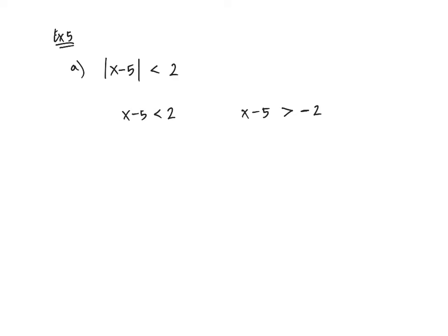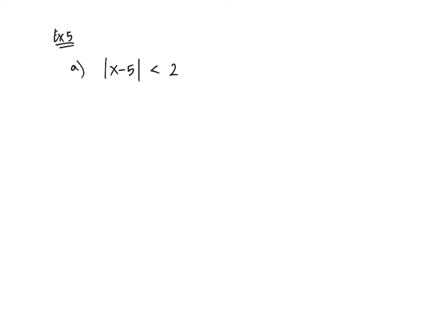However, I do not favor this approach from a conceptual point of view because I don't think it really helps you to think about what absolute value really means. I like to think of absolute value conceptually as the distance that something is from 0. So this problem is saying that the expression x minus 5 has to be less than 2 units away from 0.